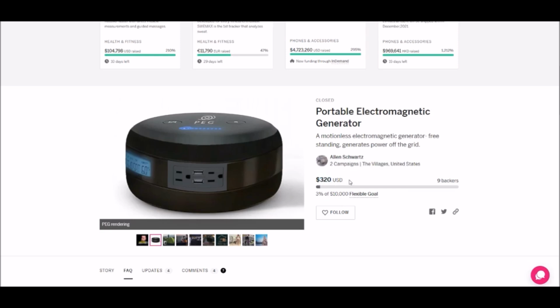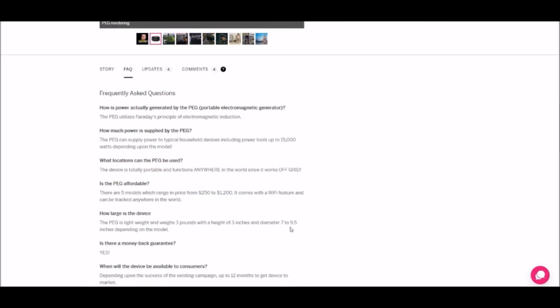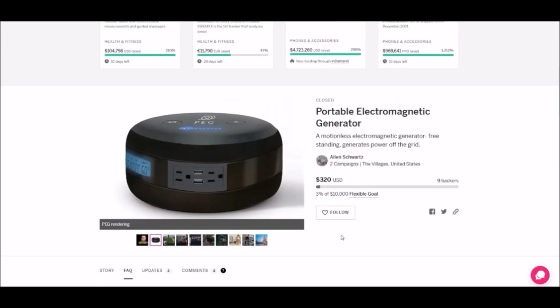Fortunately, because people end up eventually being skeptical, and obviously even if you're not an engineer, you're a little bit skeptical when someone claims that a device that is merely 3 inches by 7 can actually generate 15,000 watts, 15 kilowatts. Even if it was a nuclear device, it could not have produced so much power in such a little space.